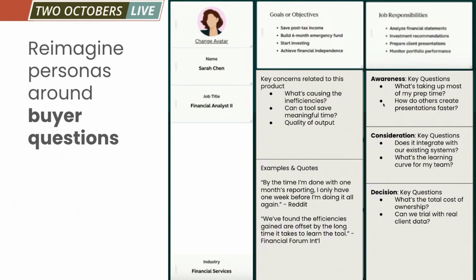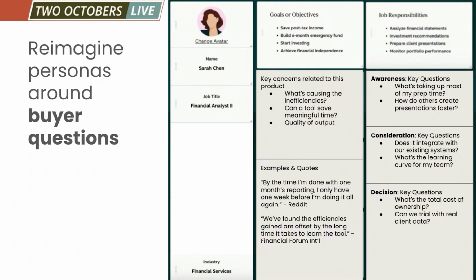Then if we can expand what's available in this persona to specific questions that this person is asking as they become aware of a tool set that might be able to serve their needs, as they start to consider whether they really want to purchase a product or service to fill these needs or not, and then as they're getting to the final stages of the decisions, what information do they need to finalize their decision?